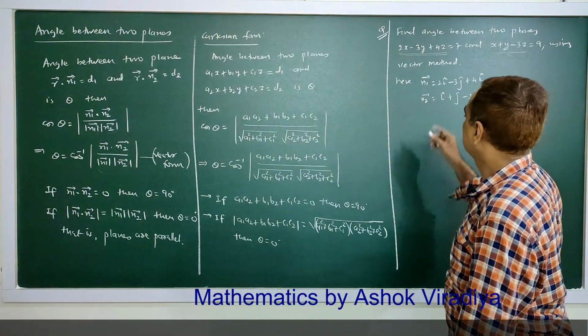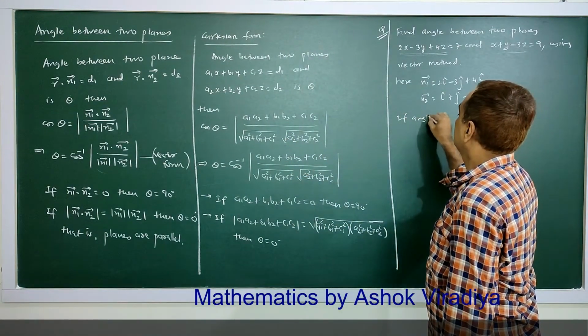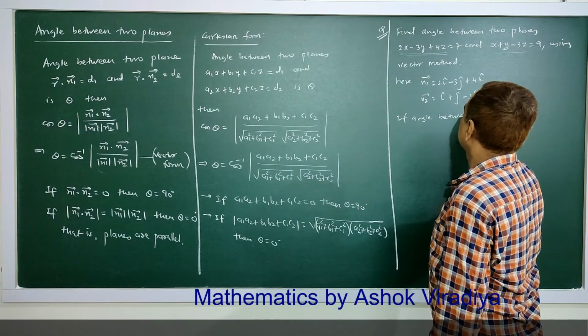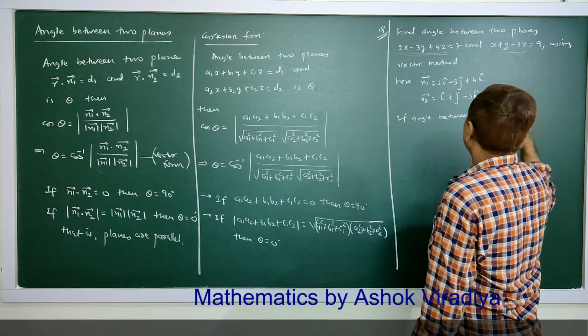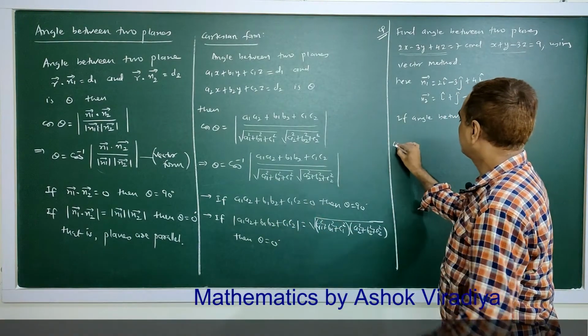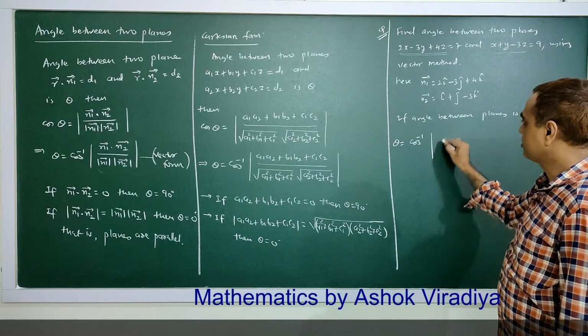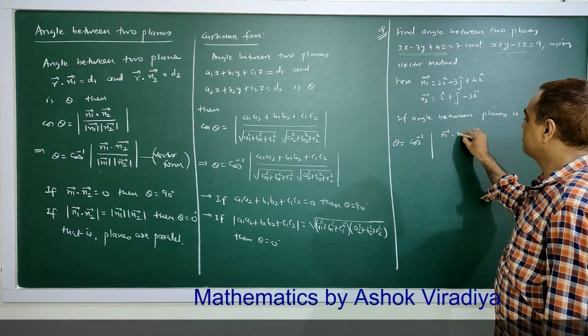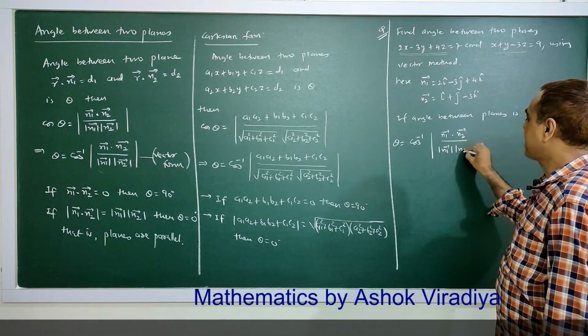Then now the formula: if the angle between the planes is theta, then theta is cos inverse of modulus of n1 dot n2 upon magnitude n1 magnitude n2.